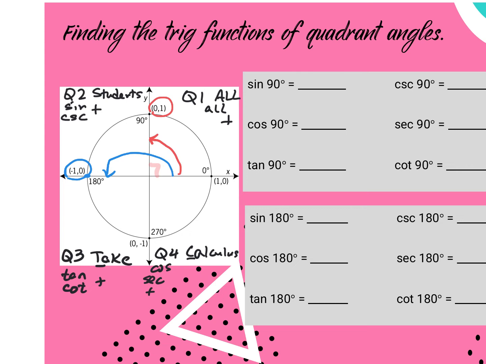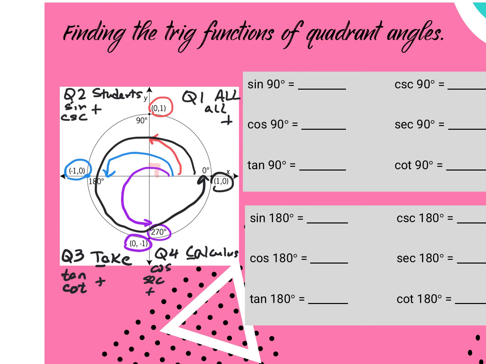And then if I'm using the 270, I'm going to come all the way around, and I would be using this ordered pair. And then for a full circle, the 360, I'd come all the way around, and I use the 1, 0. So this is going to be the X and the Y that I use.